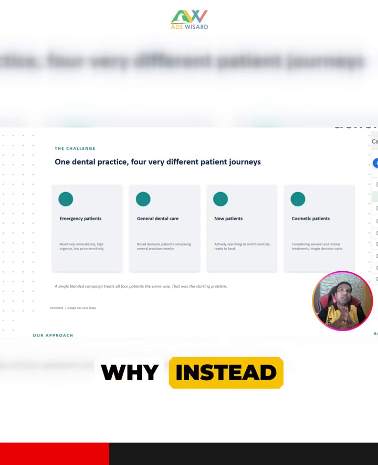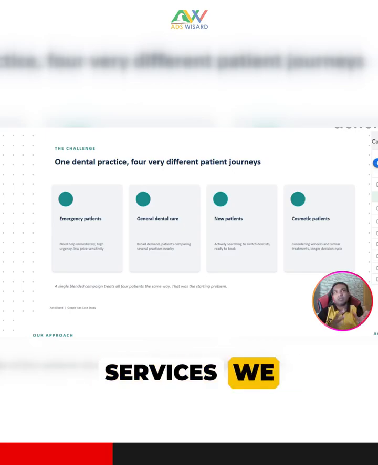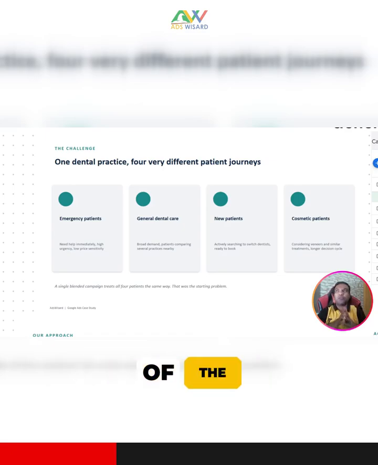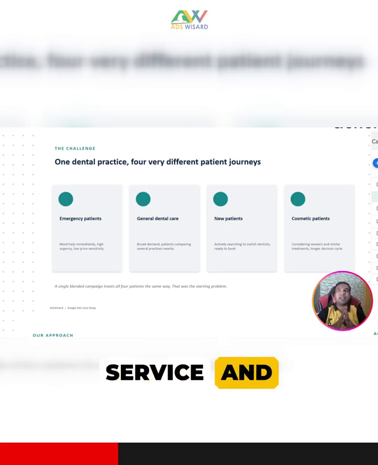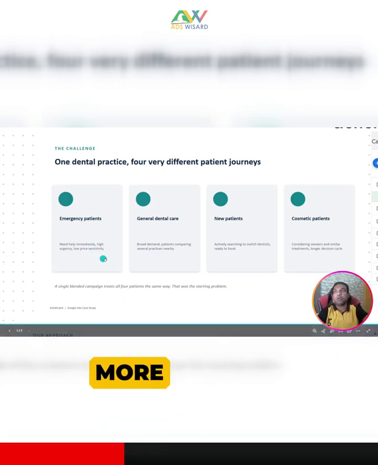So that's why instead of one consolidated campaign with all those services, we decided to create four different campaigns, one for each service. And then based on the results, we decided where to close campaigns, and where we need to add more budget.